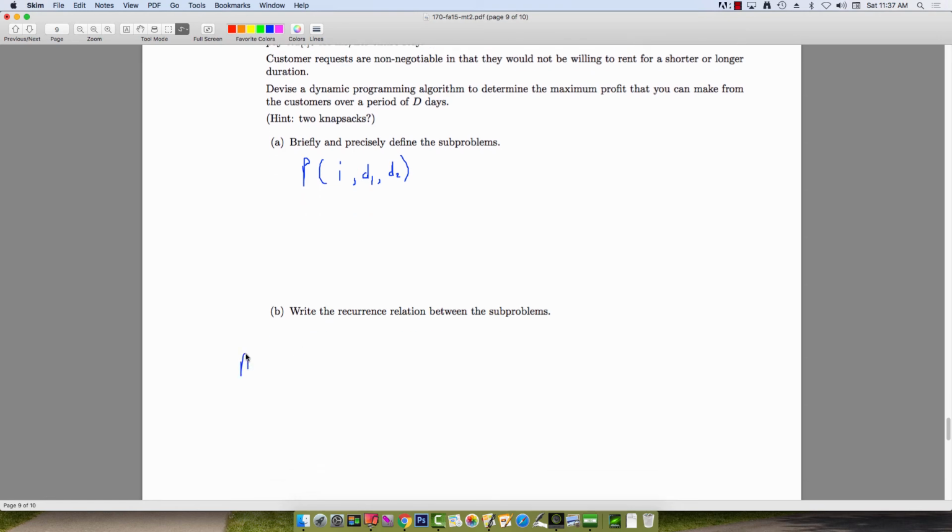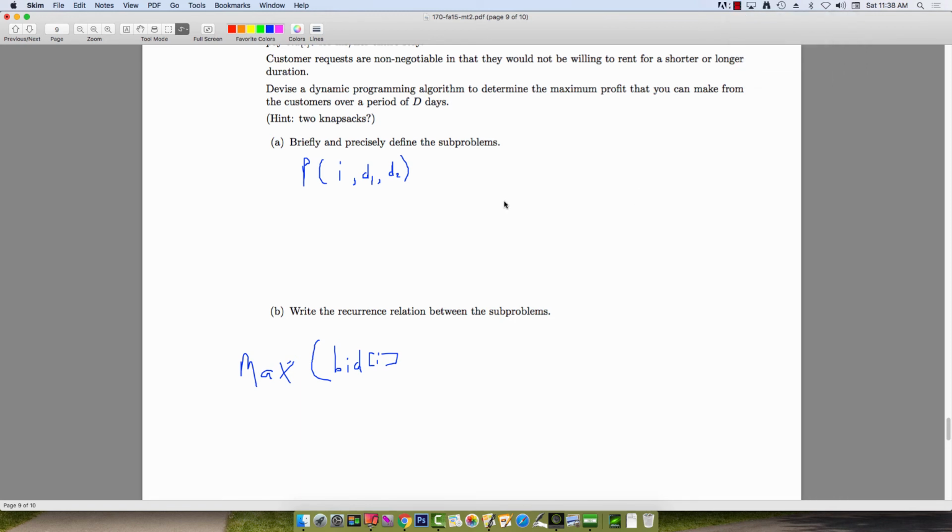So we want to take the max of our 3 scenarios. And that would be if customer i does his thing.